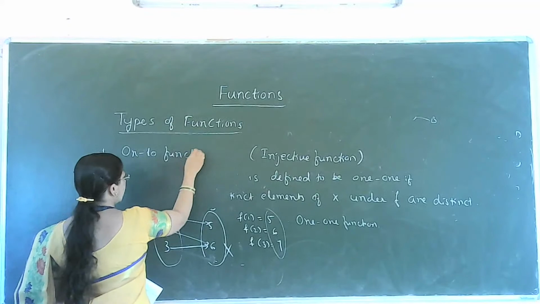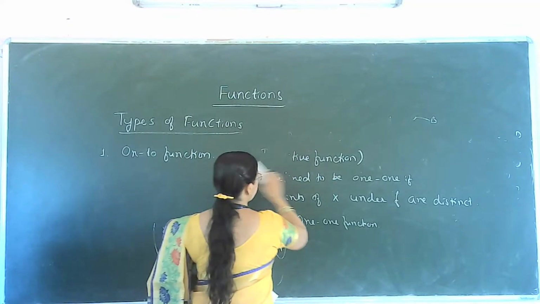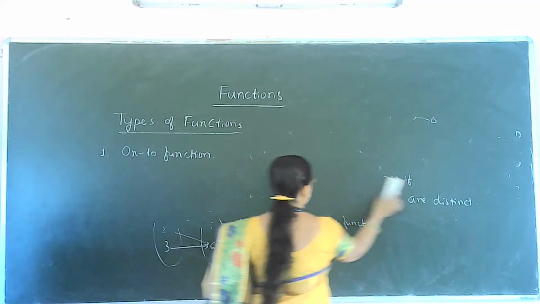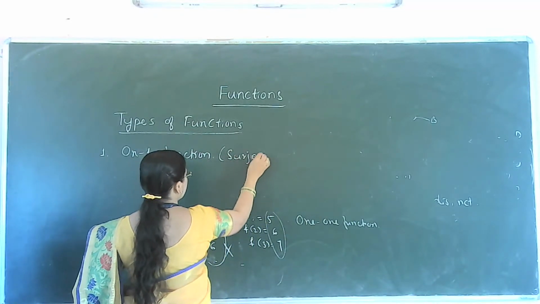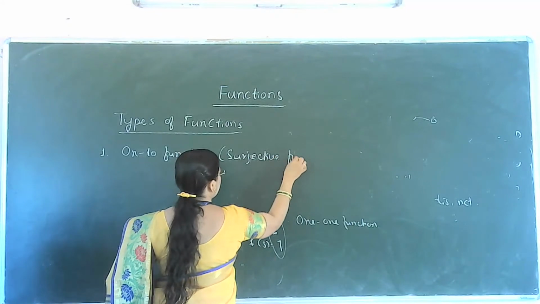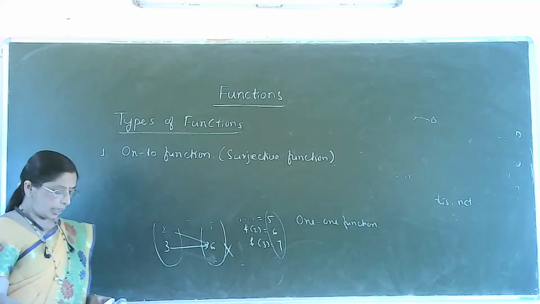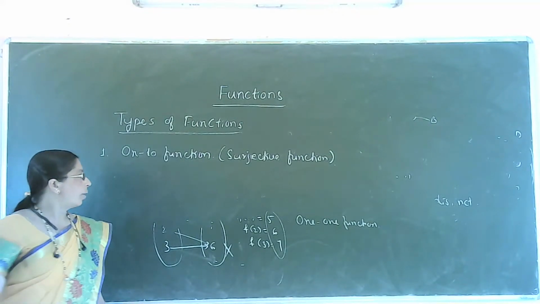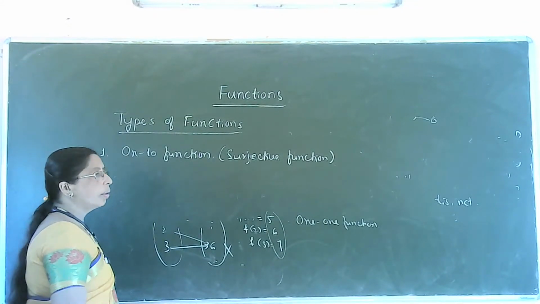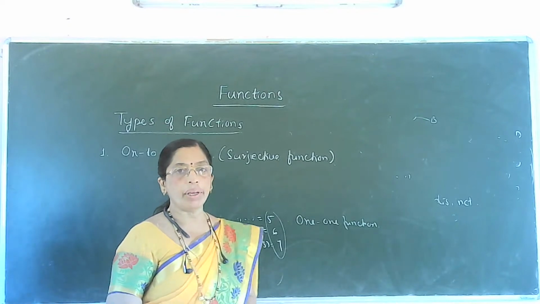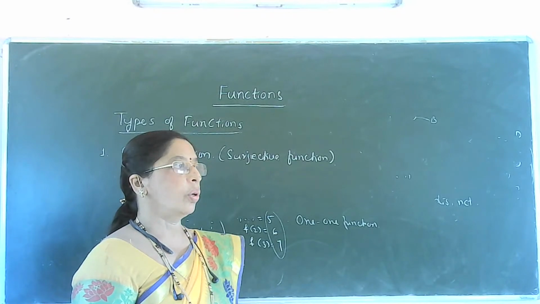Next one is onto function. Onto function is also known as surjective function. Here, surjective means the elements of A, the domain, have images that are not necessarily separate.